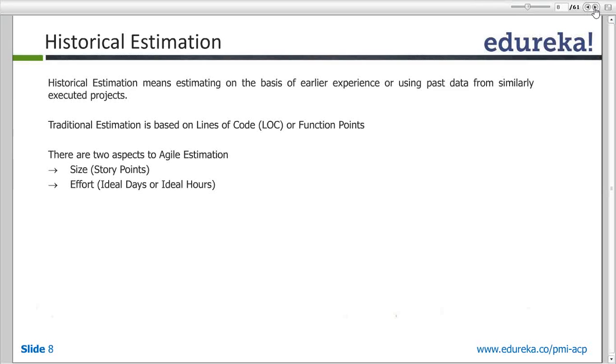Not completely. So for me, the ideal time would be the time which is left after I deduct all the lunch hours, all the meetings, all the chit chats, you know. That would be the ideal time.